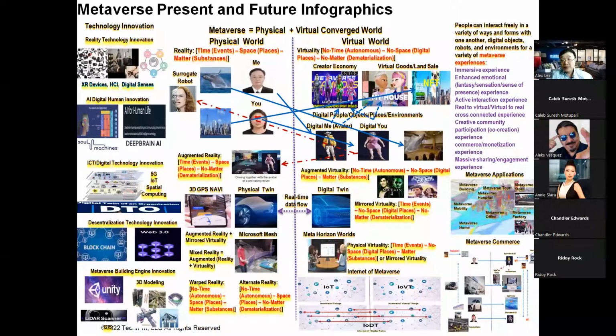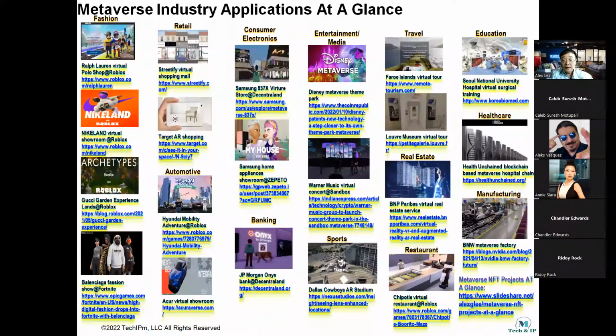And then also we have a lot of applications enabled. For example, here is one that I summarized, and you can have more, because I saw hundreds out there in metaverse applications. Mostly these applications are purely virtual or augmented virtuality, and also some augmented reality, some mixed reality, and some digital twins.